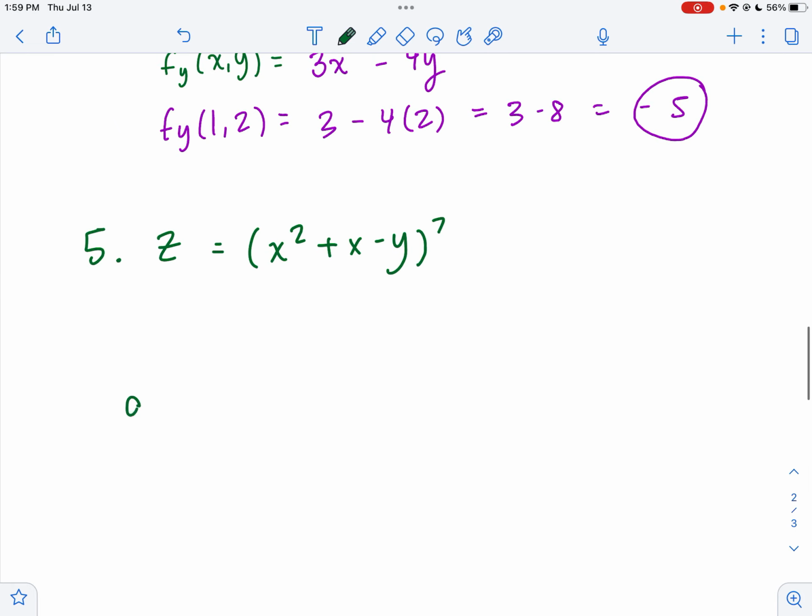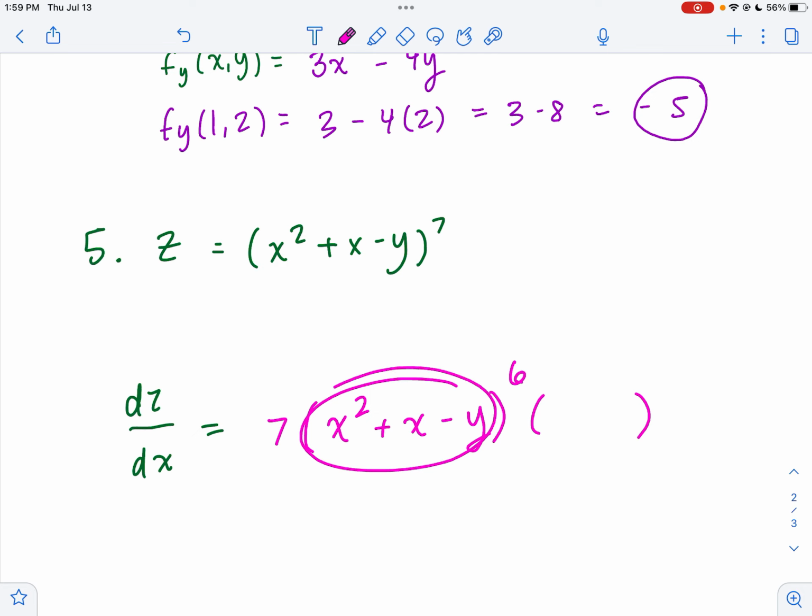Okay, so if I want to find dz dx, it looks like I'm going to have to use my power rule, right? I'm going to have to take my 7 to the front, (x squared plus x minus y) to the 6th power. But then, using our chain rule, we've got to make sure if we're deriving with respect to x, I'm going to take the derivative of this inner piece with respect to x.